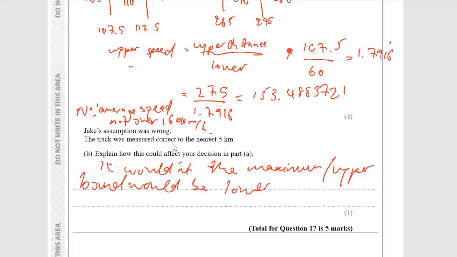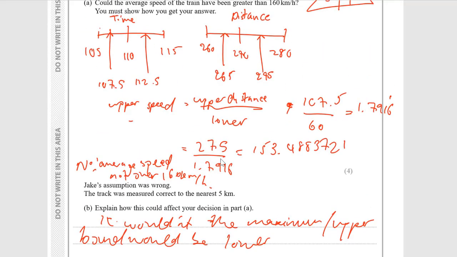Because the track was measured correct to the nearest 5 kilometers, that means you'd actually be dividing by a larger number. So your upper speed would be a lower value.